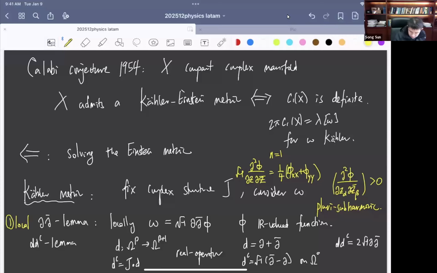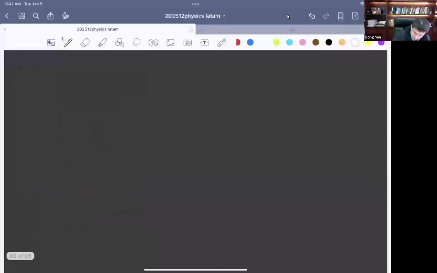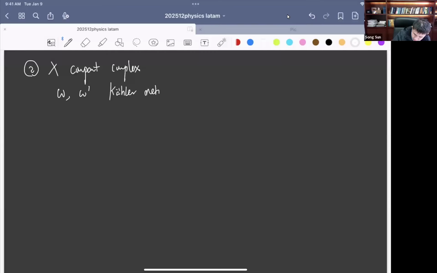And local, because we also have a global partial partial bar lemma, which means the following. Assume X is a complex manifold, and omega and omega prime are both Kähler metrics in the same cohomology class.